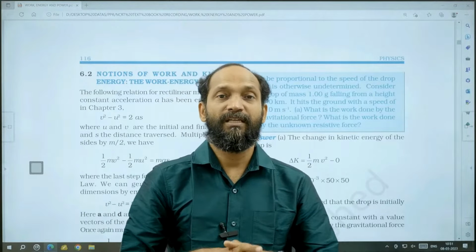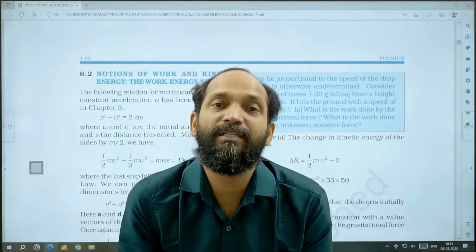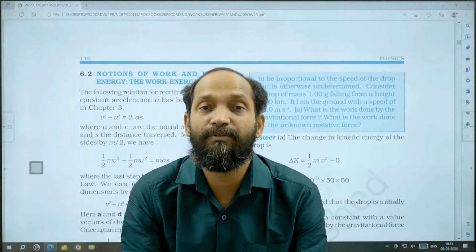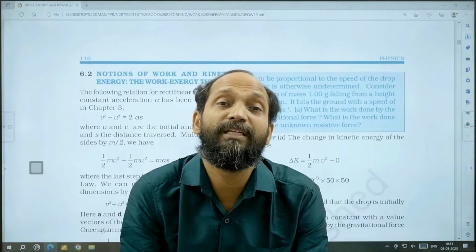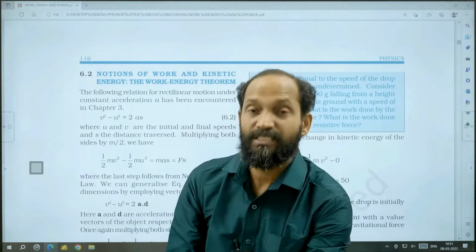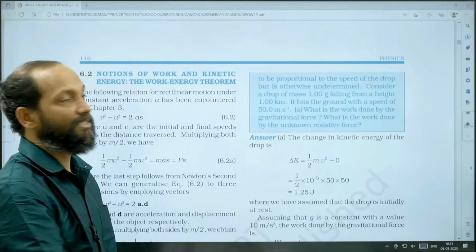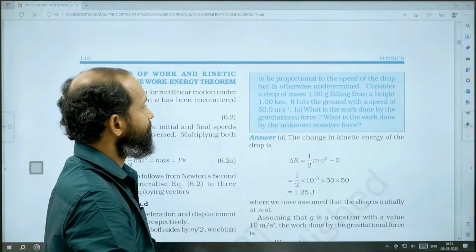Potential energy is connected to a conservative force. Force can be derived from potential energy. Conservative force can be derived from potential energy. All these things are very important during revision.